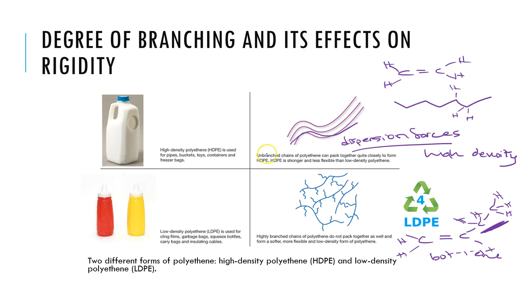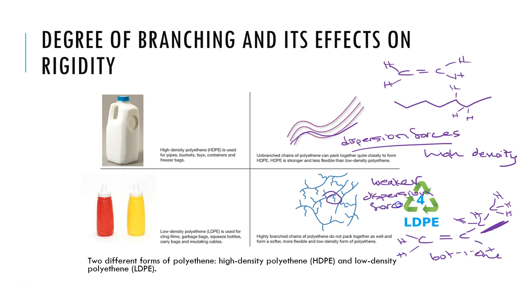When we form the polymer, it will be sticking up off the chain like these ones here. These branches mean that we can't have as much stacking, so they can't pack together as well.